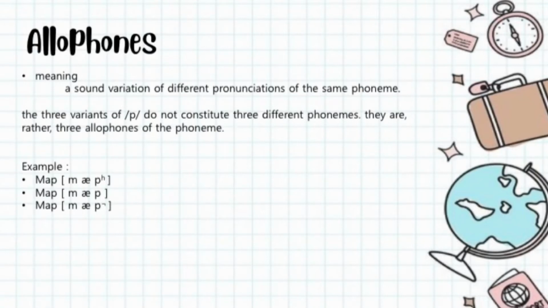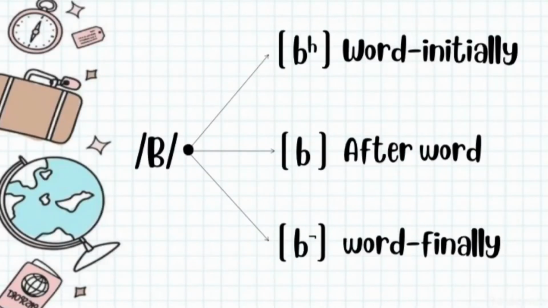Like the examples, map: for the first map, the last sound is p with h, for the second map, it's only p, and for the third map, it's p with a code. Let's move on to this chart. The first b is used for word initially, the second b is used for afterward, and the last b is used for word finally.